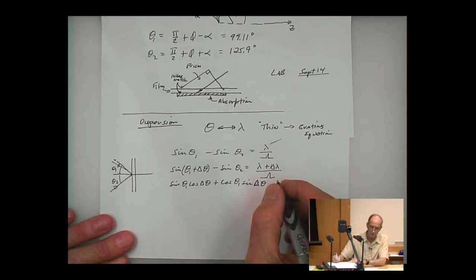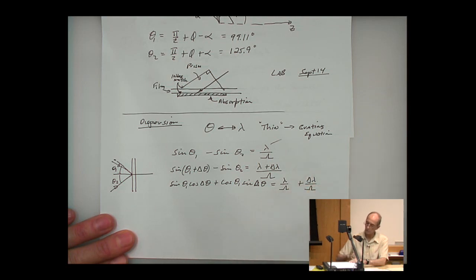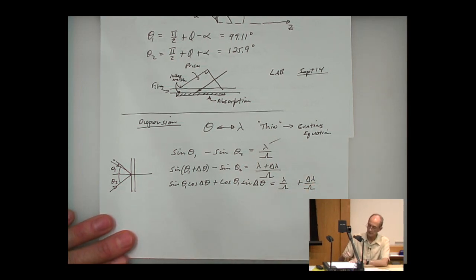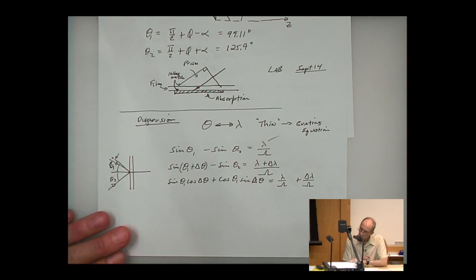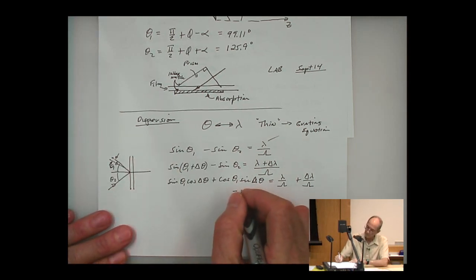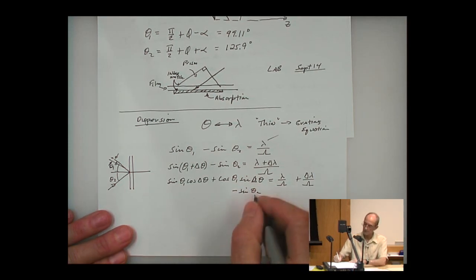And that's going to be equal to lambda over the period plus delta lambda over the period. Oh, yes, minus sine theta 2. Sorry.